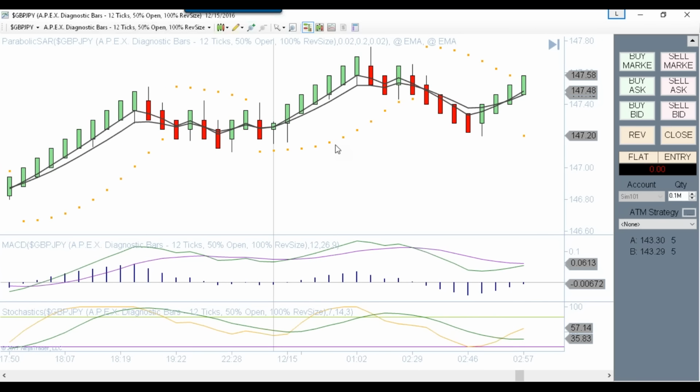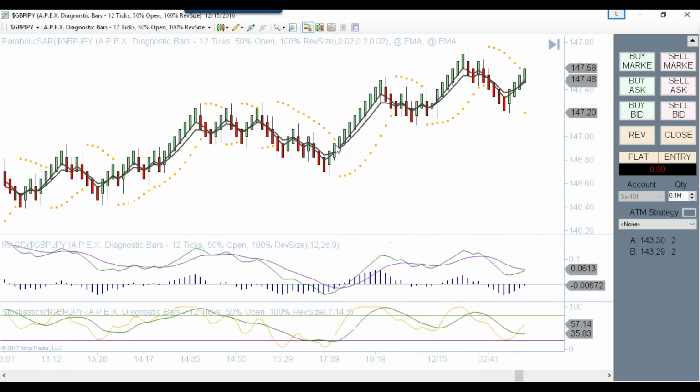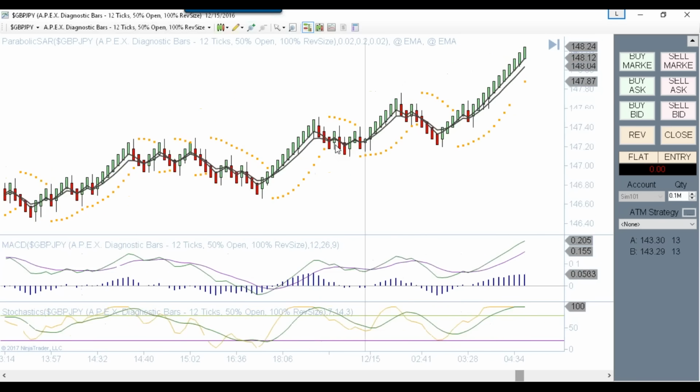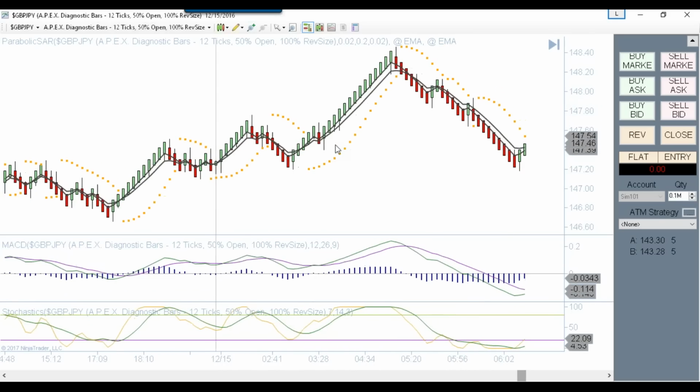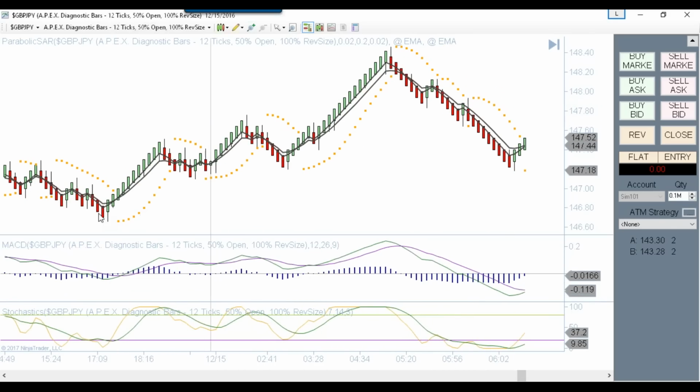Let's take a look at something. When we look at the big picture in this uptrend, the market was way down here, right? It came up, made a high, and it came down. That was the low. It came up, came down. Here's the low. It was a higher low.